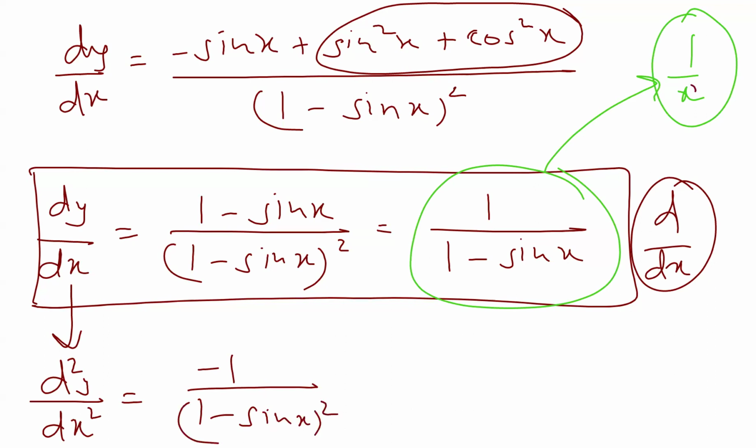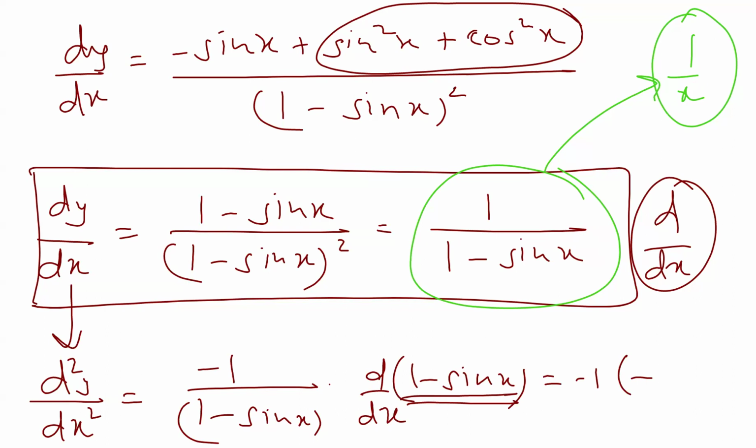If you compare, x is 1 minus sin x, that's the chain rule. So this is minus 1, and the derivative of 1 minus sin x is minus cos x, upon 1 minus sin x the whole square, right?